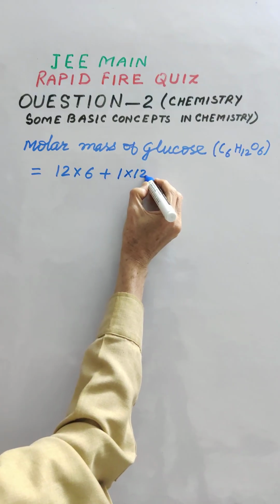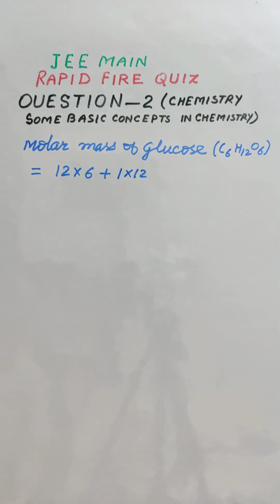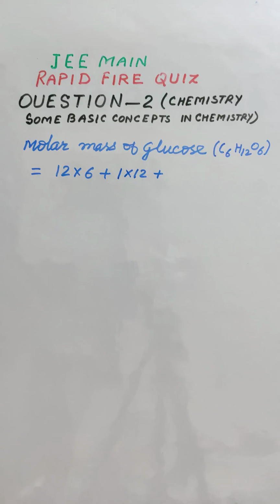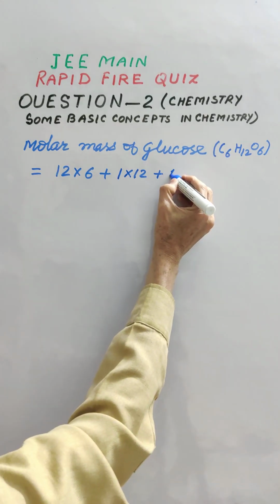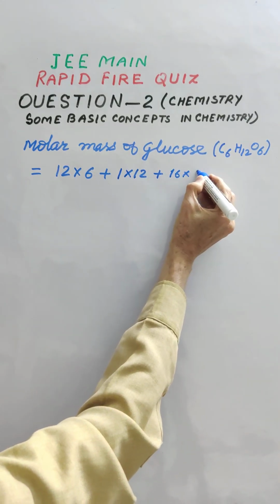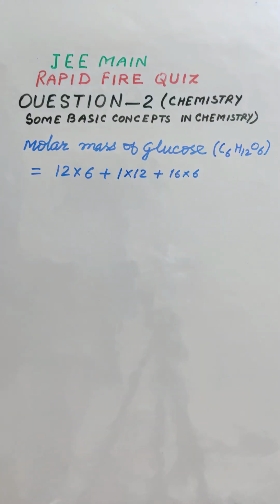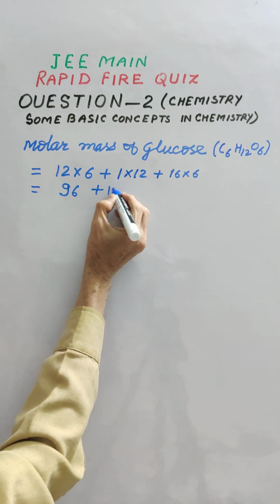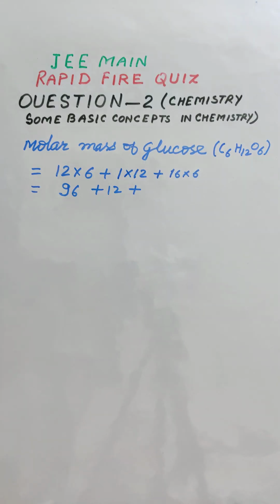Here there are 12 atoms of hydrogen. And the atomic mass of oxygen is 16, into 6 atoms. So total will be 96 plus 12 plus 72.